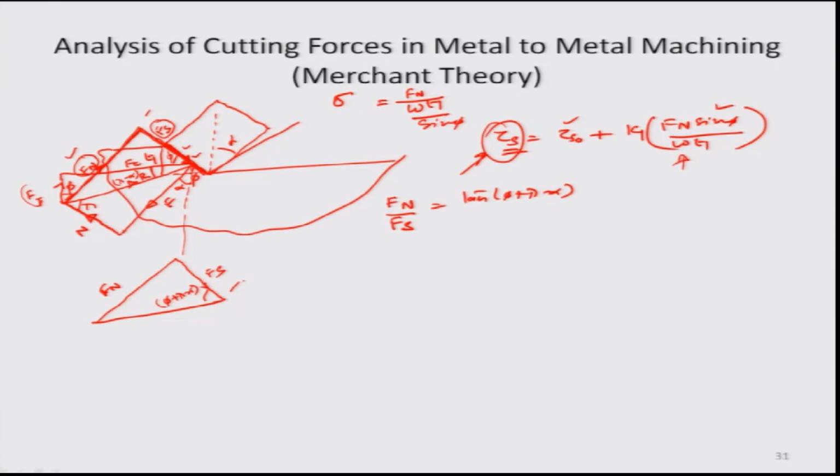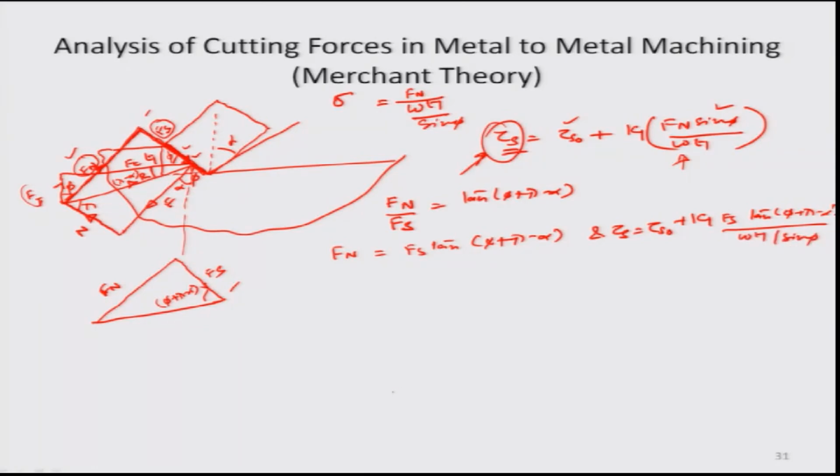And having said that, if we now substitute the Fn value in terms of Fs in this equation, we would have Fn equals Fs tan of phi plus lambda minus alpha, and correspondingly tau s as tau s0 plus k1 times Fs tan of phi plus lambda minus alpha divided by Wt1 by sin phi.